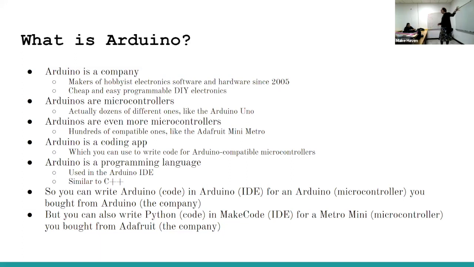If you see the word Arduino, it could mean a lot of different things, but it's usually going to be clear from the context whether somebody's talking about an item that you can hold in your hand, in which case they're talking about a microcontroller, or usually about the company, as the most common usage of it.